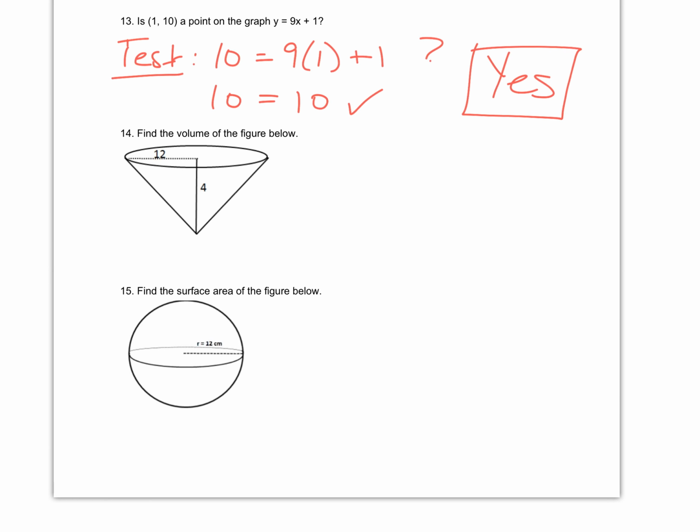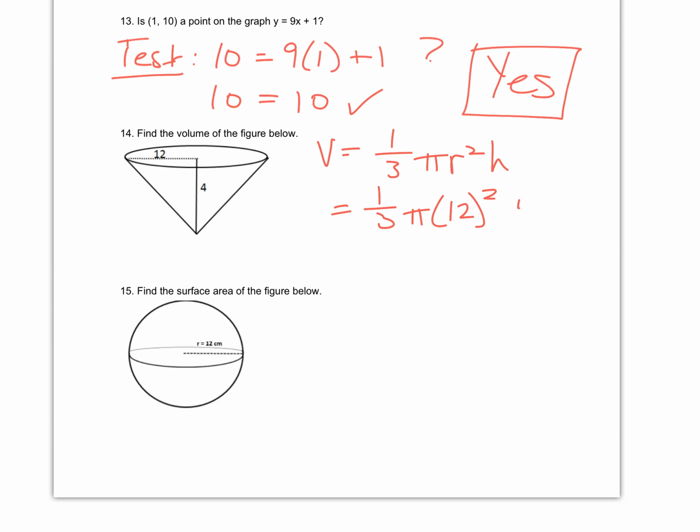And the last two is find the volume of the figures below. So to find the volume of the first one, we've got the volume of a cone, which is 1/3 pi r squared h. So that means our volume is 1/3 pi, r is 12, and then h is 4.